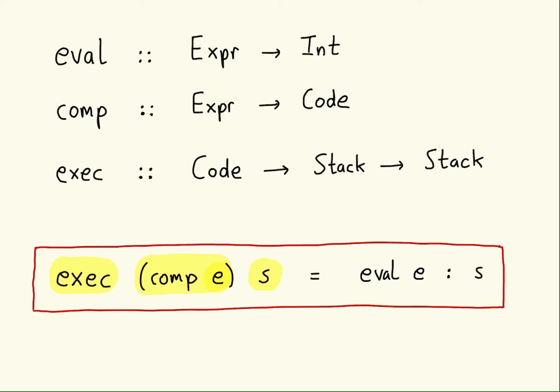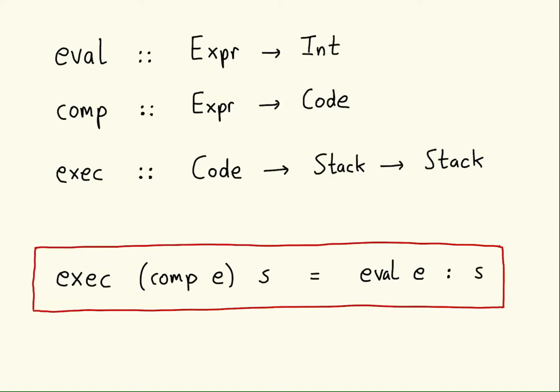And what the specification here says is that the stack which you get from executing things on the left-hand side here should be exactly the same as the original stack, but with the value of the expression sitting on top of the stack. Let me go over this one more time.